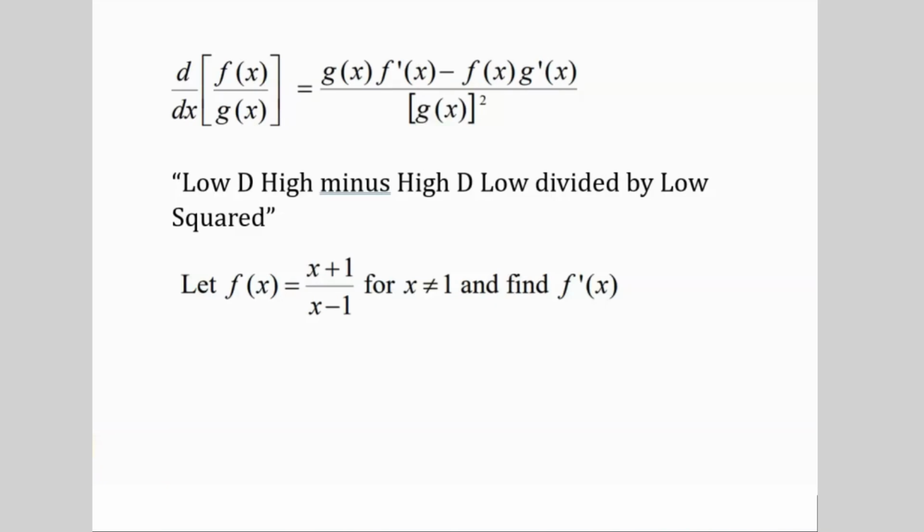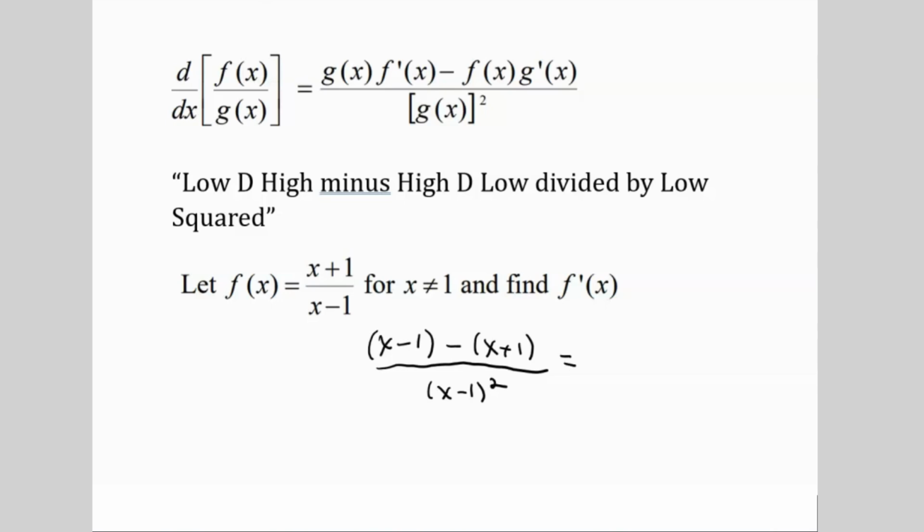Let's let f of x equal x plus 1 divided by x minus 1 for x not equal to 1. Let's find f prime here. We're going to go low times d high, the derivative of x plus 1 is 1, minus high times d low, which is 1, all divided by low squared, x minus 1 squared.